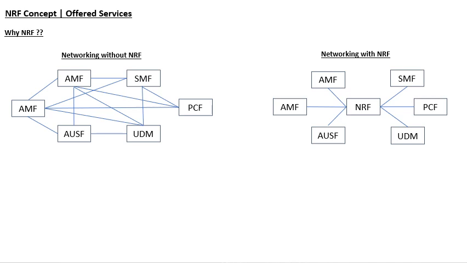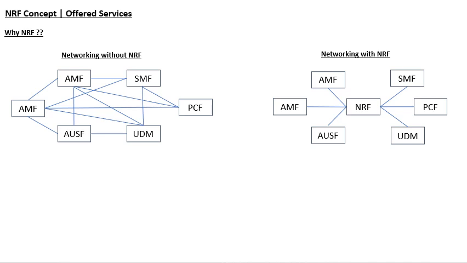Whenever a new network function comes into the network, it registers itself with the NRF so that the NRF is aware that this new network function is now available in the network. Similarly, if a network function is going down, or has a planned activity or maintenance, it informs the NRF to please deregister it.